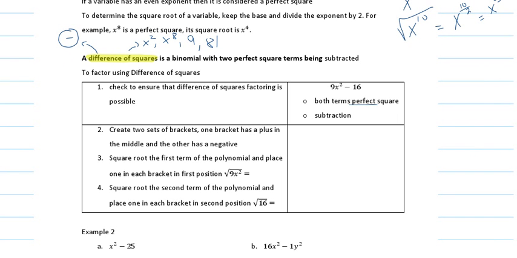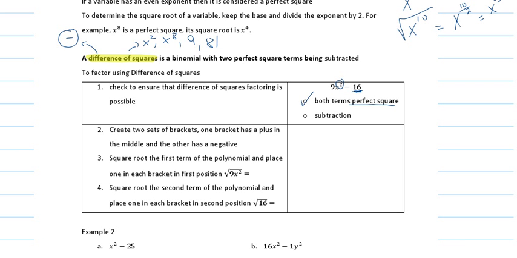Let's look at the first one. Is 9 a perfect square? Can I square root 9? What does it give me? 3. Is x squared a perfect square? Yes, because it's an even exponent. Good. Is 16 a perfect square? What's the square root of 16? 4. So that means both terms are squared. You agree with me?